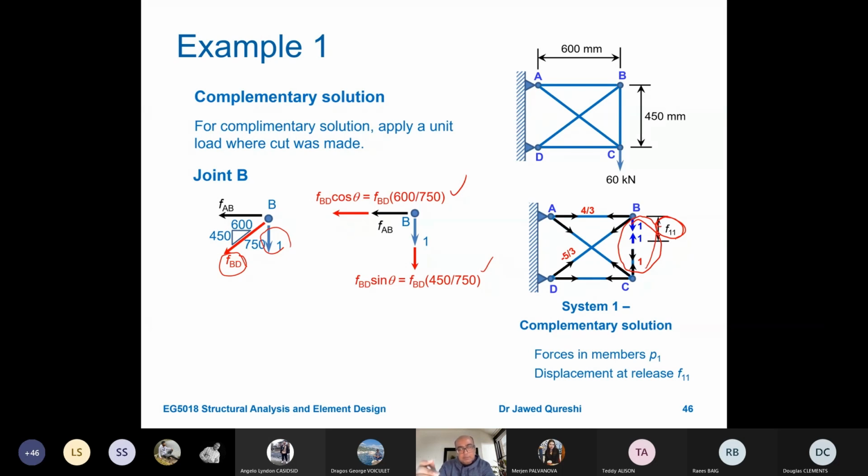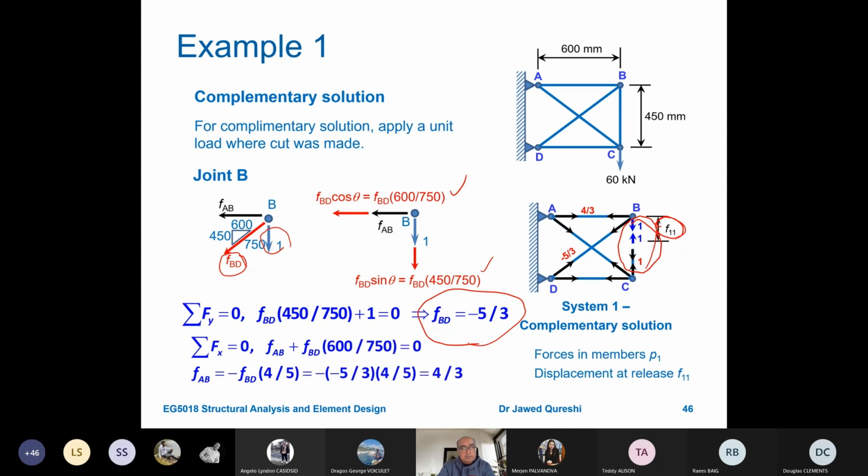Now remember, the direction of forces is in the same direction. So if I sum up 1 plus FBD, 450 over 750 is equal to 0, then if I bring it to the other side of the 0, it's going to be negative. So this is the reason it is negative. Negative means that my initial assumption was wrong. This is going to be in compression rather than tension, because tension is positive.